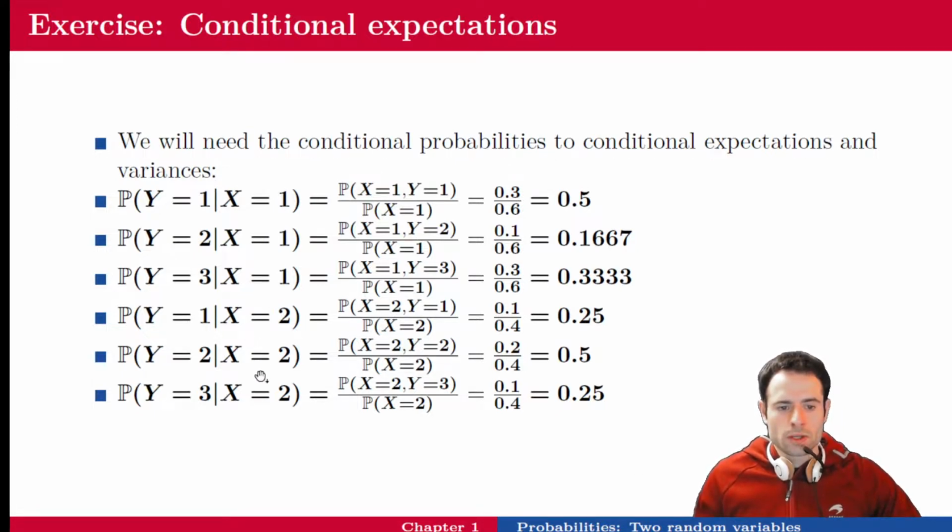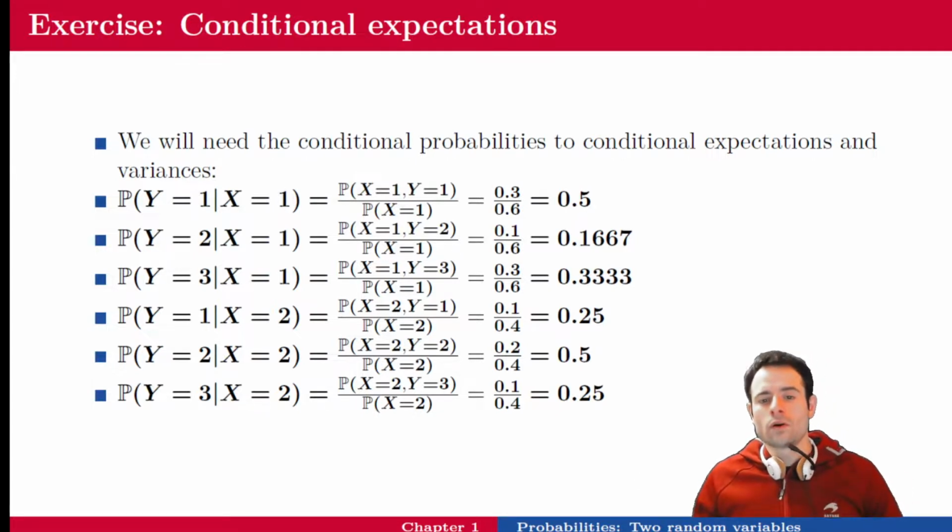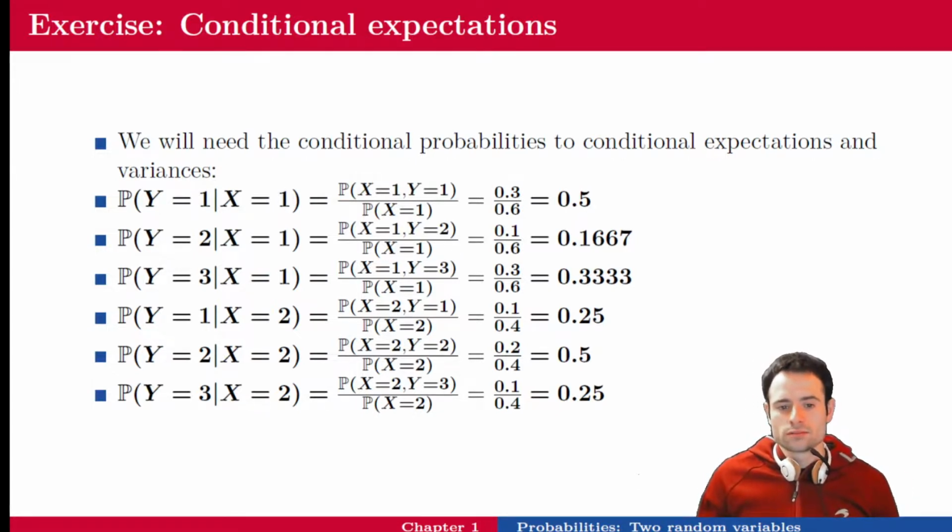Here the condition becomes x is equal to 2, and here you have x is equal to 2, x is equal to 2, x is equal to 2. These numbers were found before talking about conditional moments, but I rewrote them just to give you the full formulas.